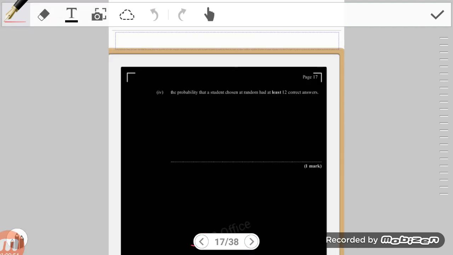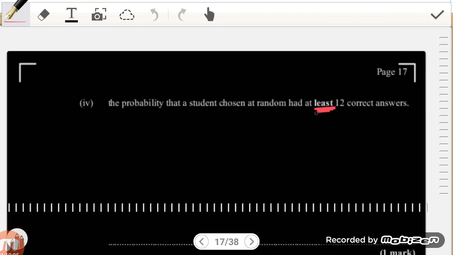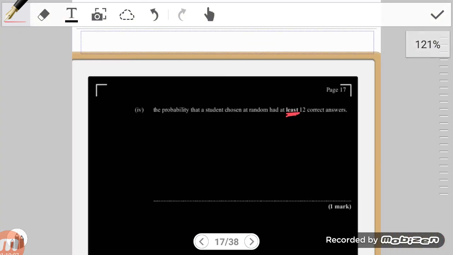Alright, now we're looking for the probability that a student chose not random had at least 12 answered. Now if you look carefully, the words at least here are highlighted, right? So we need to know what the words at least mean in the context of the English language collaborating with math.